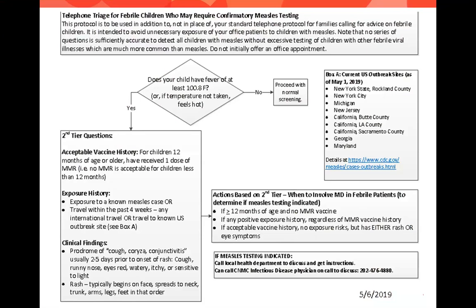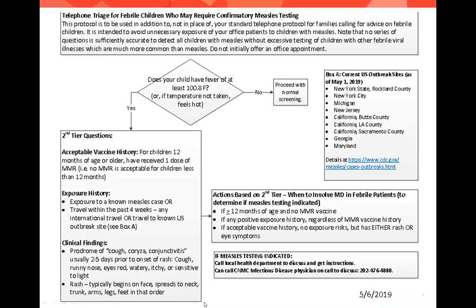If after a discussion with the family over the telephone there's concern that this child has measles, then we suggest that the MD ask the family to stay put. An office appointment should not be initially made for any of these children, and certainly not in that setting.